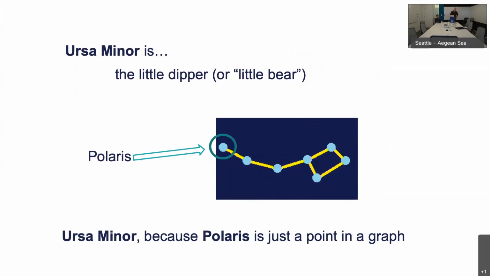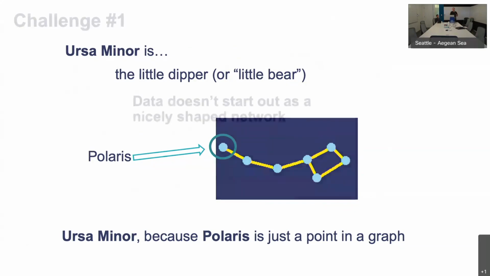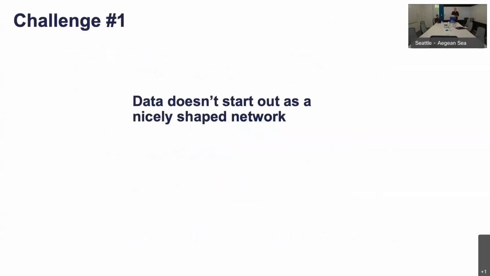And as I've worked on this graph of being able to see and understand networks, I've run into a series of interesting challenges, some contrasts with Tableau. One of the challenges is that data doesn't start out as a nicely shaped network. A lot of times it starts as a table or JSON or XML.